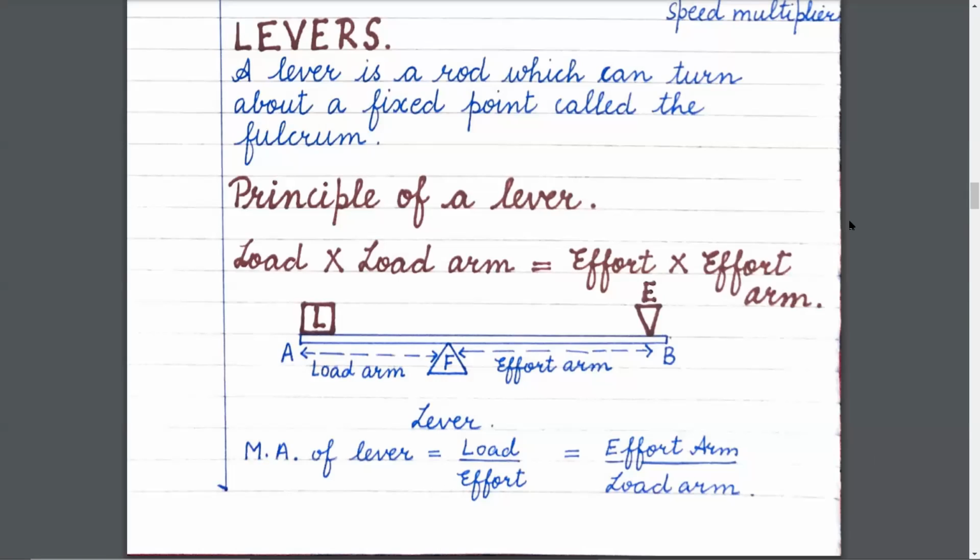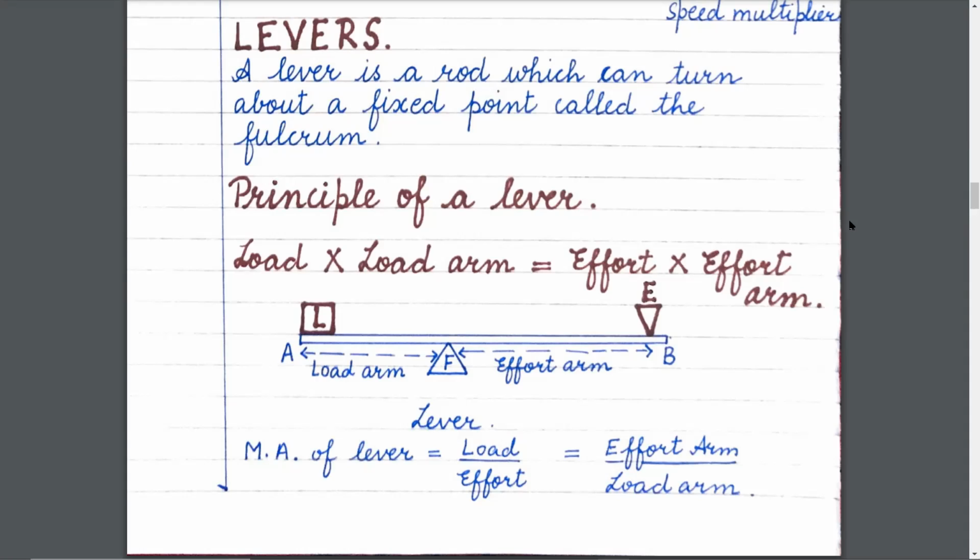The first machine that we are going to discuss now is the lever. A lever is a rod which can turn about a fixed point, and that point is called the fulcrum. The principle of a lever is load multiplied by load arm is equal to effort multiplied by effort arm.